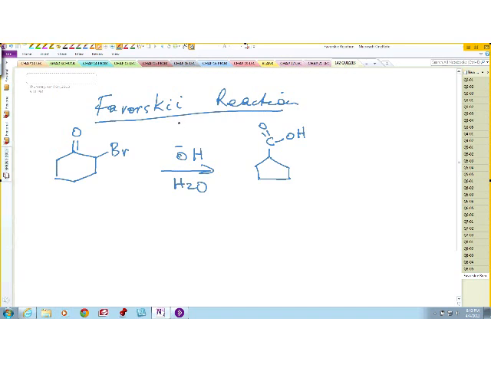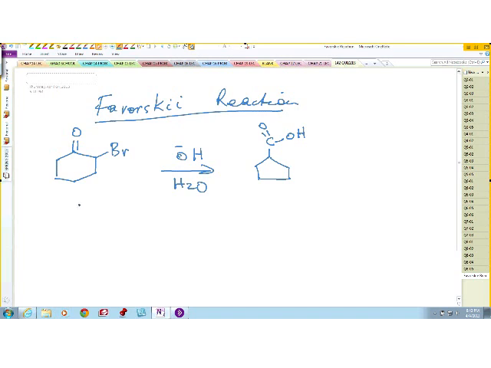Very good question. Generally it's either an 8-member ring, 7-member ring, 6-member ring, maybe sometimes a 5-member ring ketone. It's easy to make a 6-member or 5-member ring, but 4-member rings are very difficult to make because they are strained.